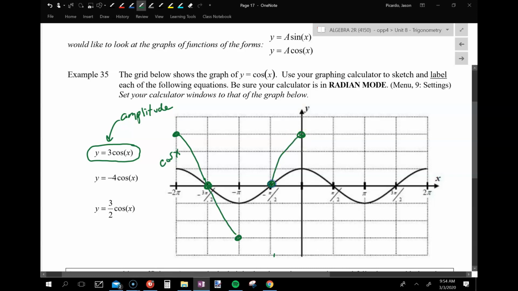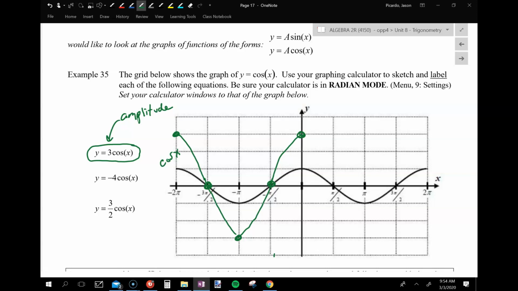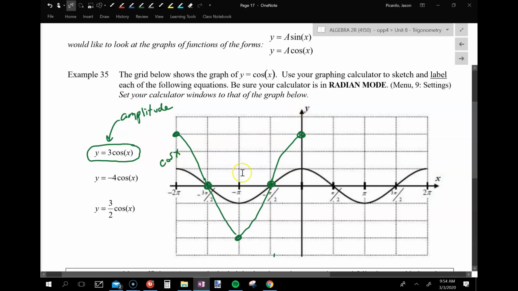It looks very much the same. It's just been what? Stretched out vertically, right? More powerful signal, right? More powerful signal. Hey, check it out though. Ready? Same amount of space, right? Same amount of space required to complete one period though, right?